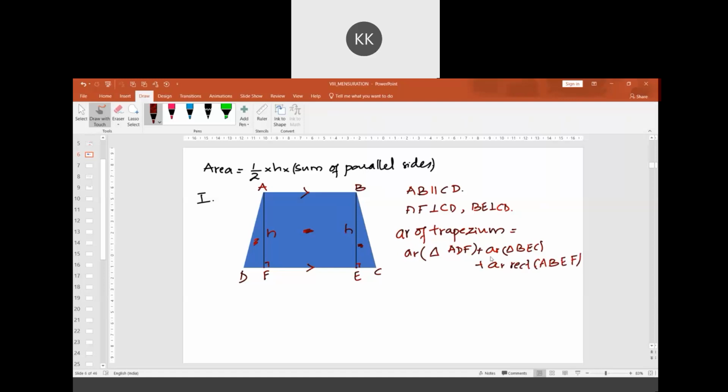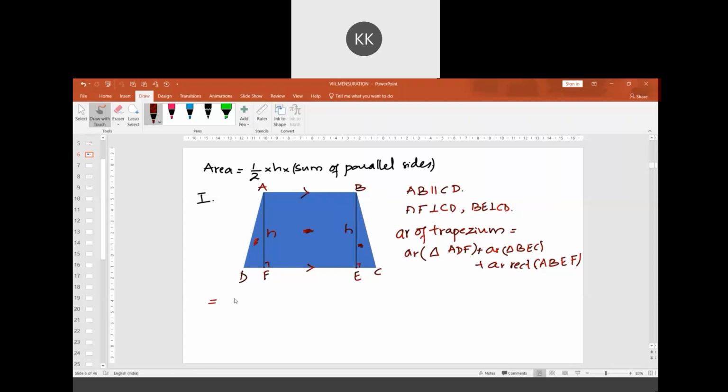Is there any doubt that it is a rectangle? No, sir. For a rectangle, opposite sides must be equal as well as parallel. Here we have equal opposite sides and also parallel opposite sides, isn't it? How do we find area of triangle ADF? We have to use half base into height.